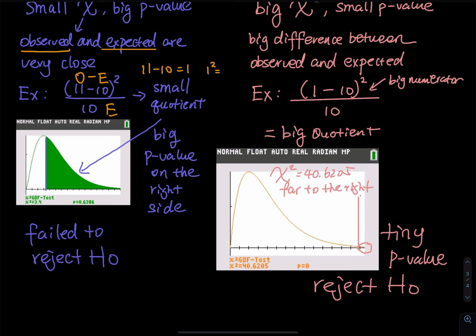You square 1, that equals 1. When those two numbers are close, the difference is very small. You square that small number, it remains small. When you divide that by the expectation, the quotient is very small. So you have many small quotients added together. That's why the chi-square is so small.